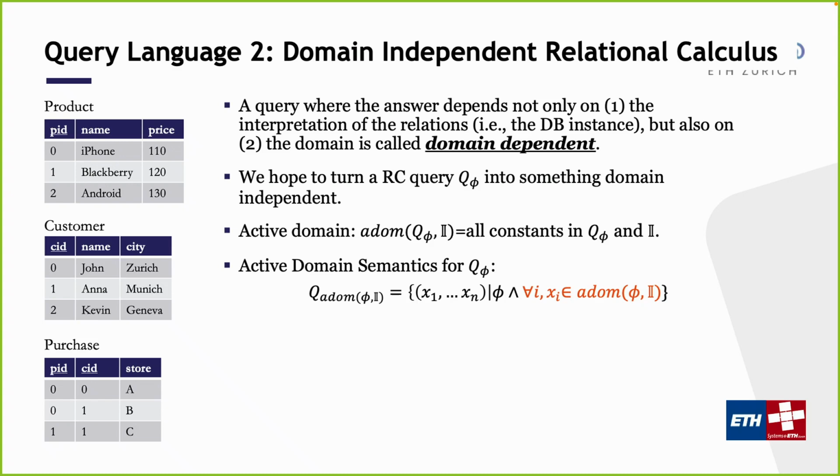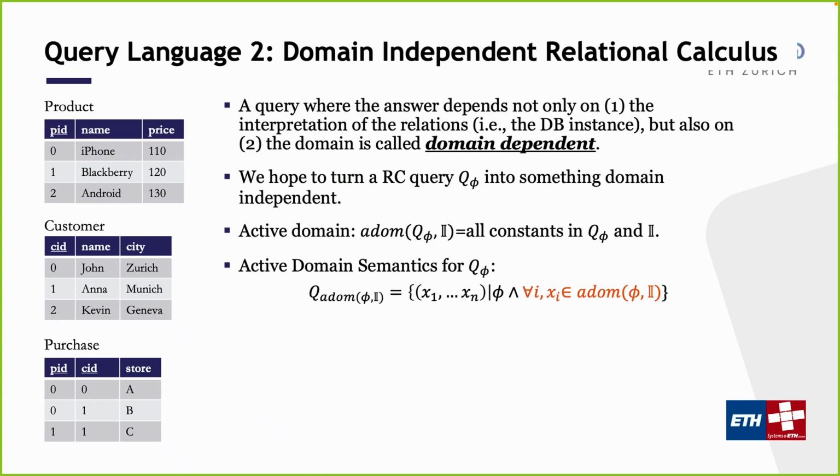Essentially, when evaluating my query, I will always constrain all the assignments that you can make on my free variables, that is all the results you could return to my user, to be taken from the constants in this finite active domain. I don't want to see a constant that I never saw before in my database and in my query.